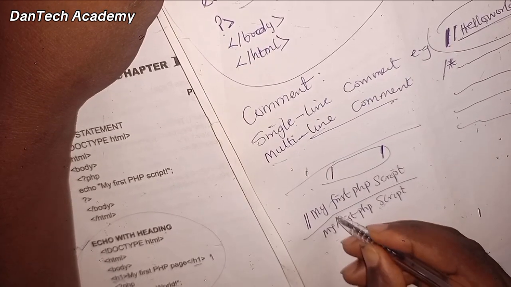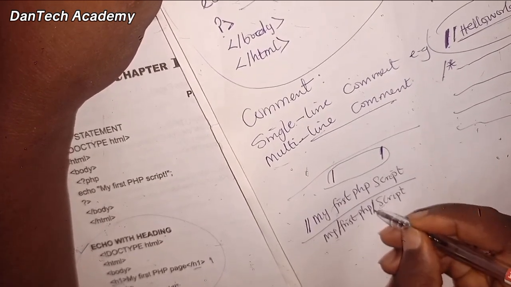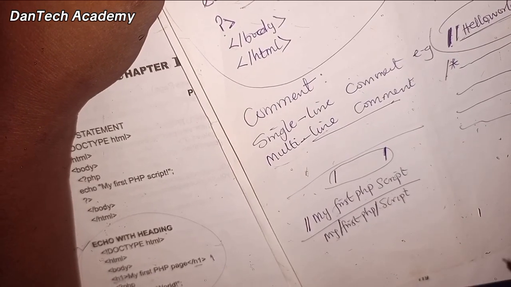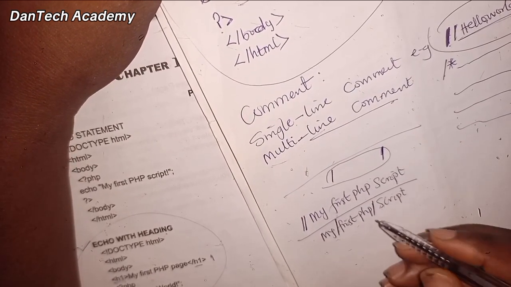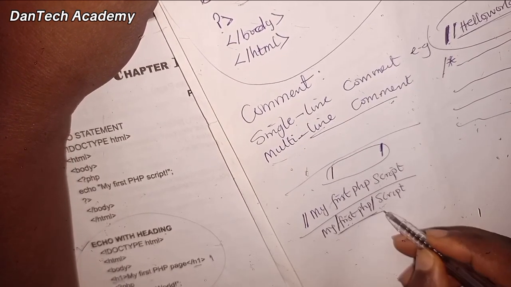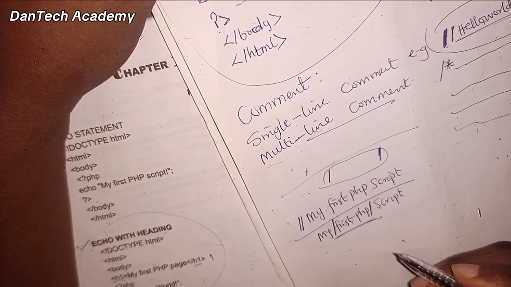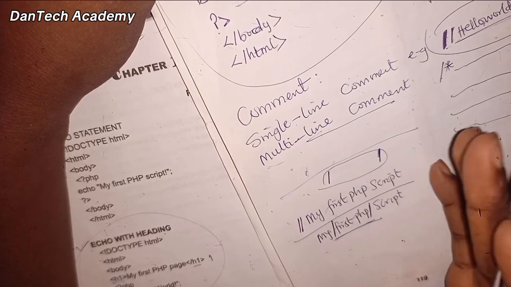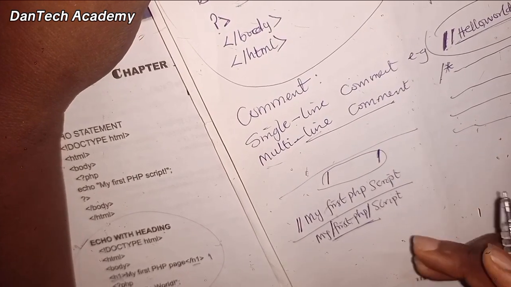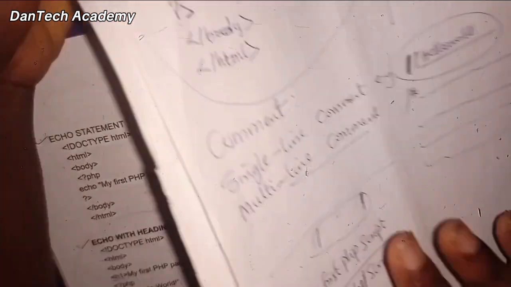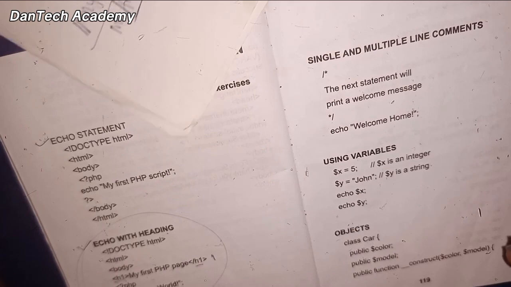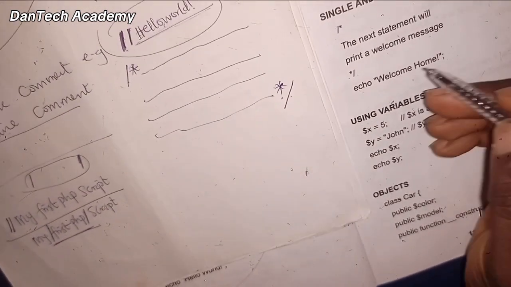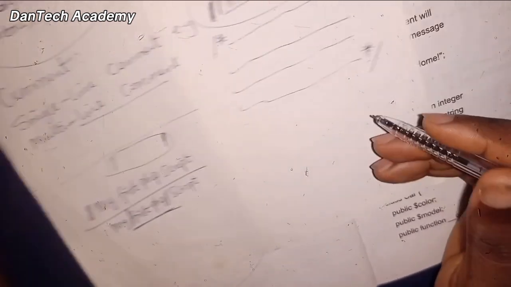I just come here and do like this, and put another one here. So the only part that is considered to be a comment is this: my first PHP. That's the only part that is affected by the comment tag. Okay, so I believe that is clear.